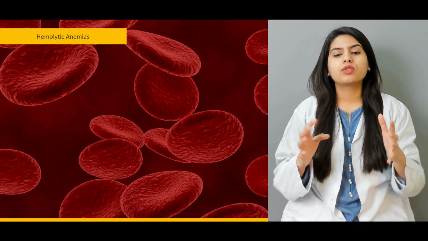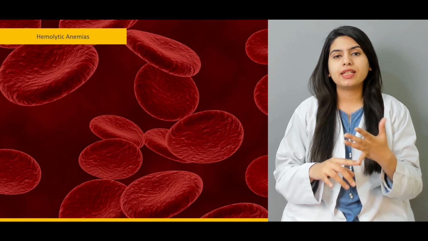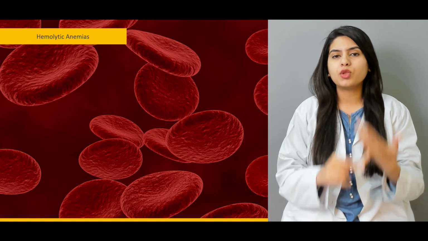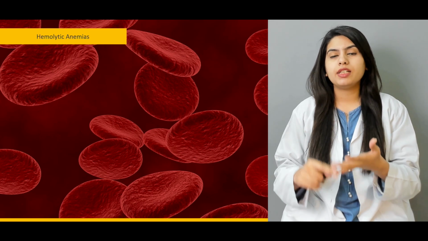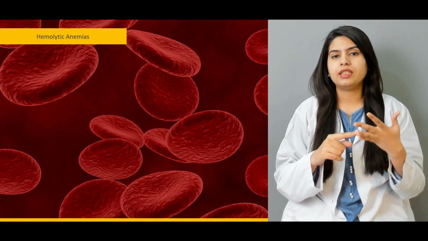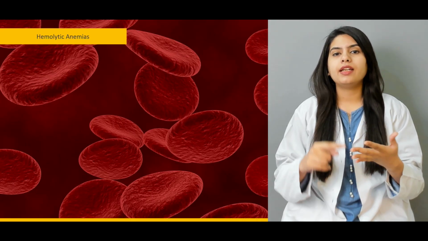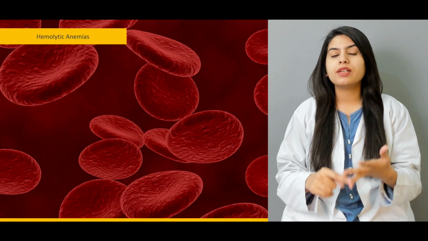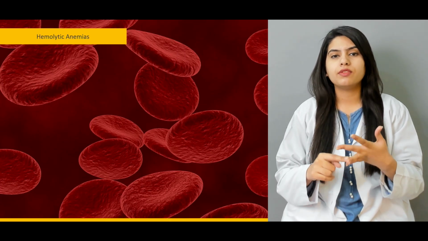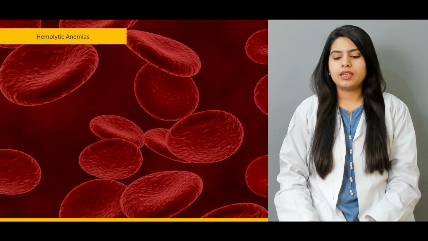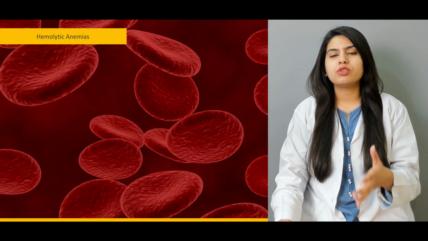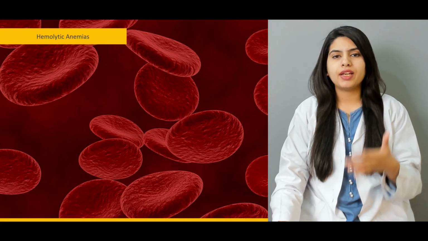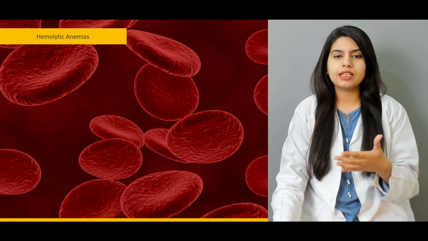So we can say that we characterize hemolytic anemia by increased production of red blood cells and quick destruction of immature red blood cells. So let's get into the different types and different defects that lead to hemolytic anemia.